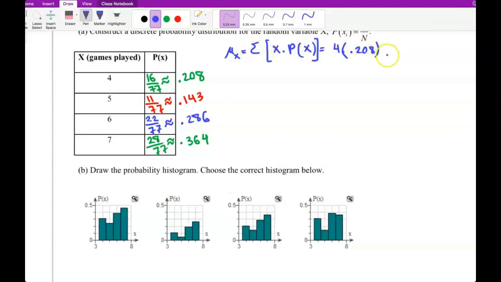Then we have sum, so in between use add. Then we have 5 times 0.143 plus 6 times 0.286 plus 7 times 0.364.